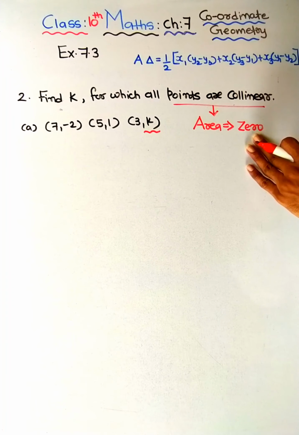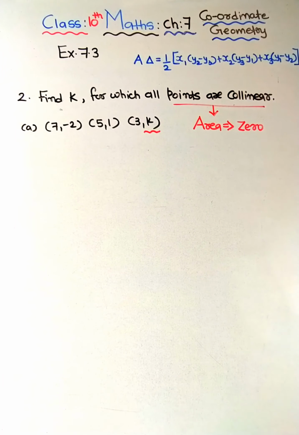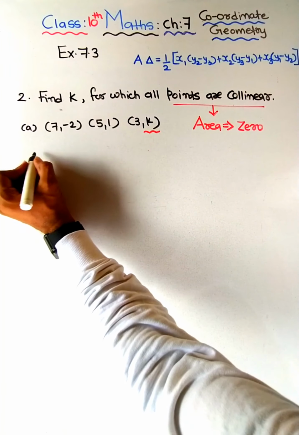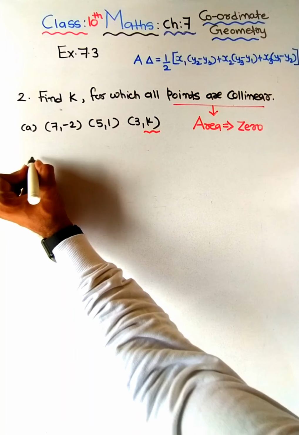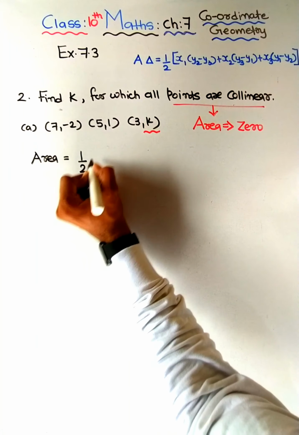So on one side we need to write 0 if we want to find the value of k. So let us now apply the area of triangle formula, but instead of area we will write 0. Clear? So here, according to the formula, I am writing area equals 1 by 2.